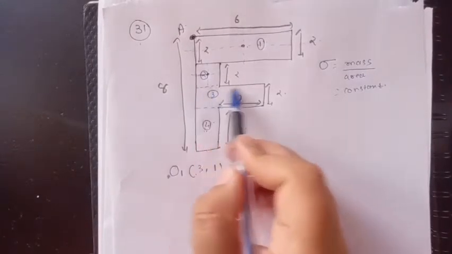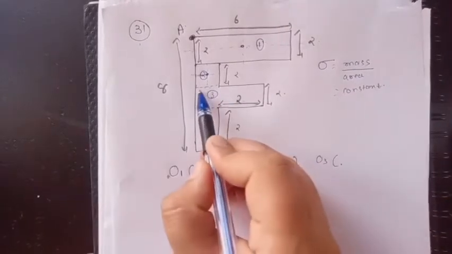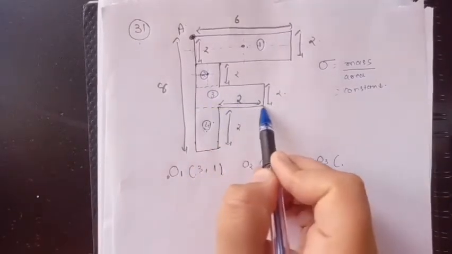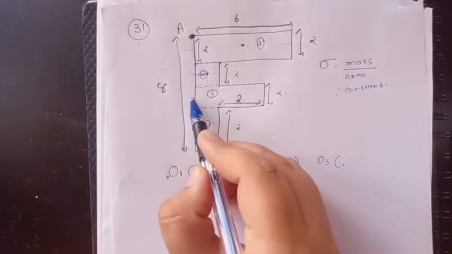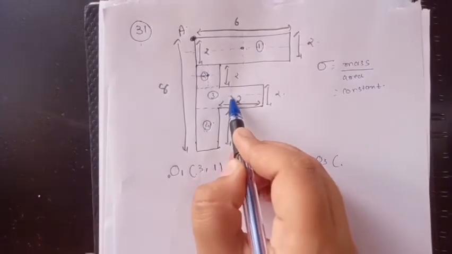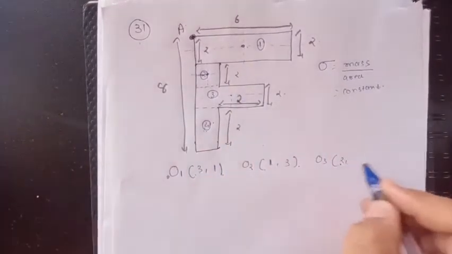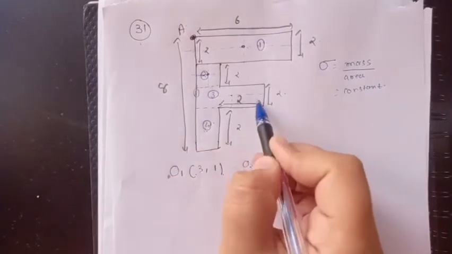In the same way, writing for the third component, this length is 2, this length is also 2, so the total length is 4. So along the x-axis, the center of mass coordinate will be 2 and this height will be 1, as the total height is 2.